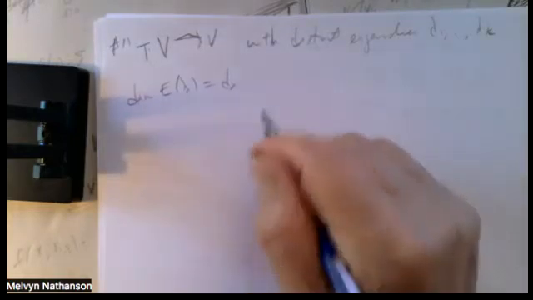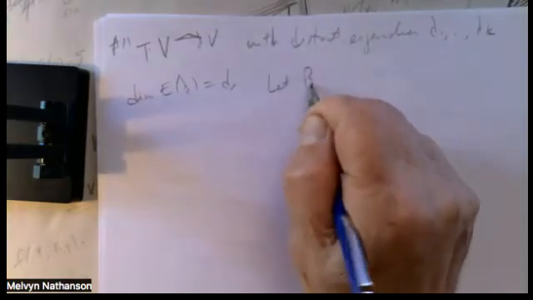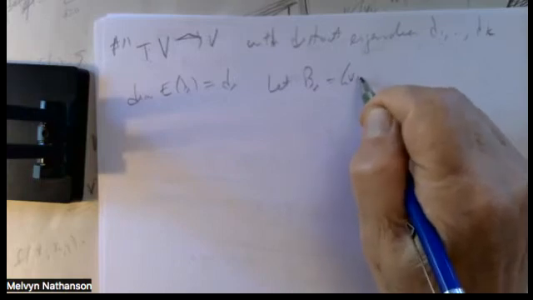And so let B sub i be a set of vectors v i1, v i2, up to v i d sub i.